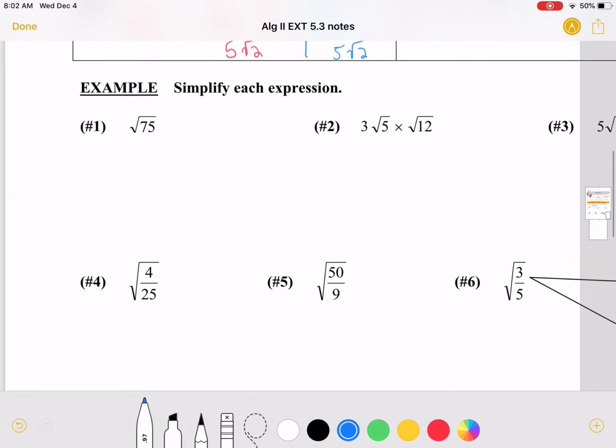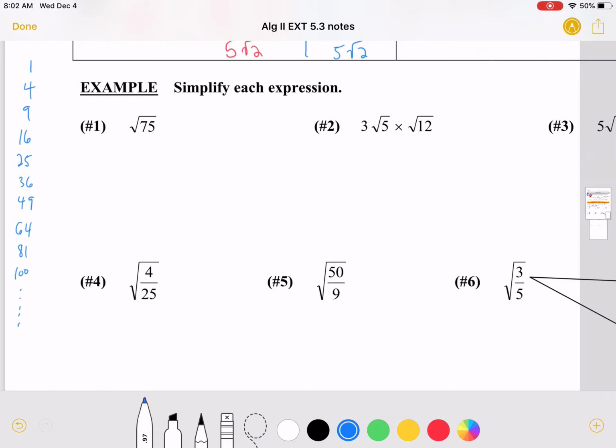Okay, now moving along. Our first example is just reducing one square root. And again, when you're doing this, you want to look at your perfect square card and ask yourself, okay, what is the highest perfect square that multiplies into 75? Examples of perfect squares are 1, 4, 9, 16, 25, 36, 49, 64, 81, 100, and so on.